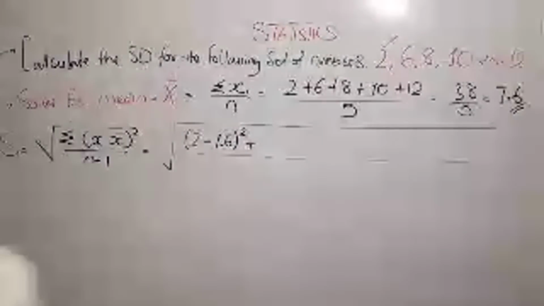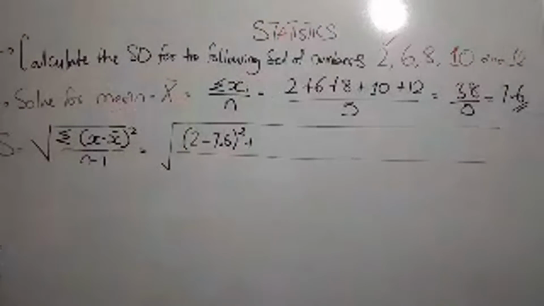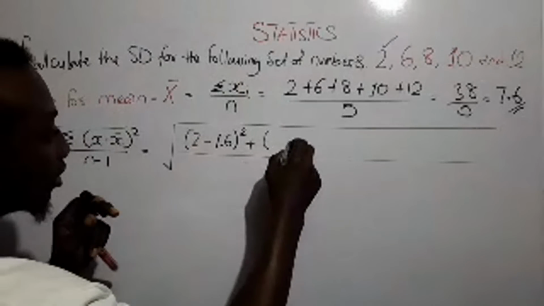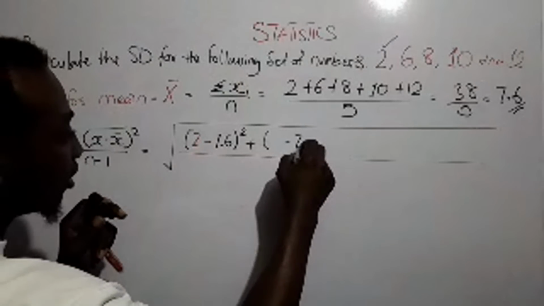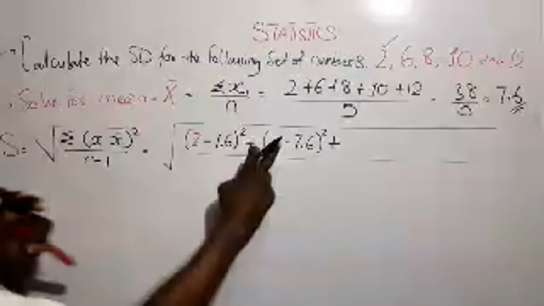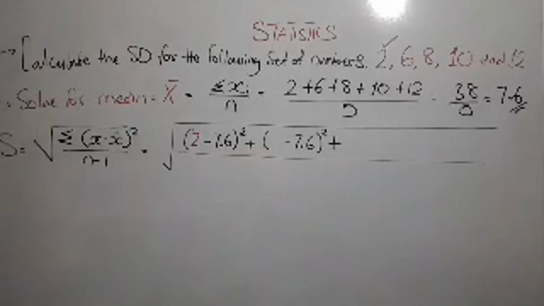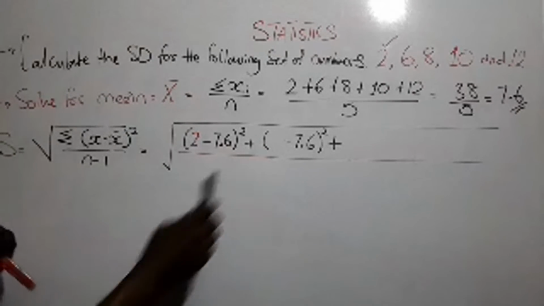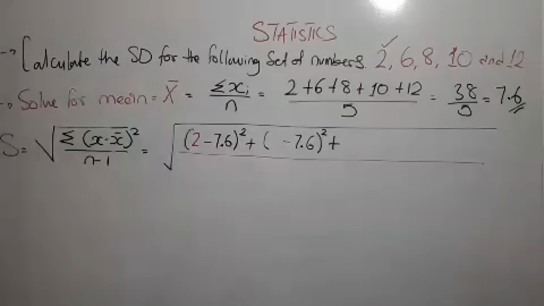Then the process continues. We are going to 5. 7.6 raised to the power of 2. So what should be here? Which figure am I using to fill this column? What am I using to fill that column?